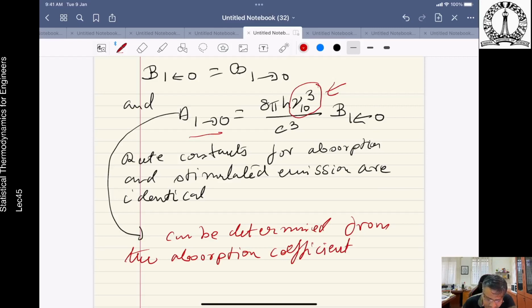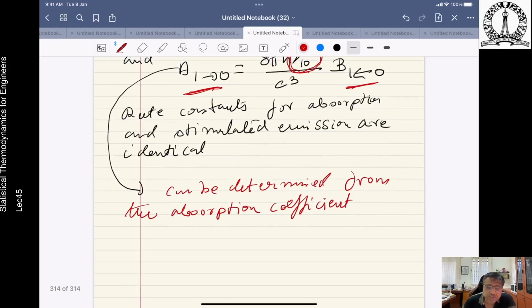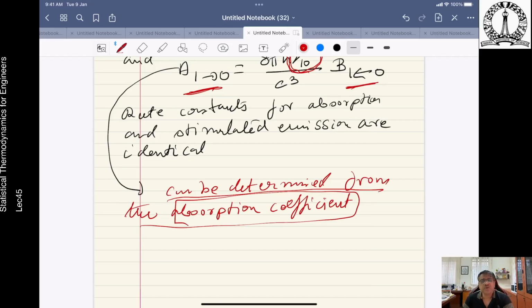This is the relation between your spontaneous emission and your absorption. So they are linked by this particular factor, which is cube. So this plays a very important role in the competition between the induced and the spontaneous emission processes. So this is important, and we can see how this can be determined from the absorption coefficient also. Okay, so that's all very good.